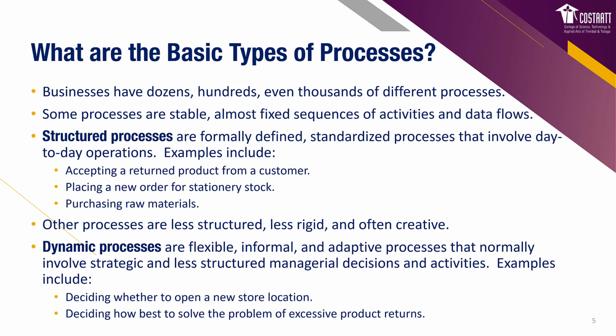Something may be wrong. And figuring out the cause of this problem and figuring out how to solve this problem of excessive product returns is basically defining a process that is a relatively new and dynamic process.